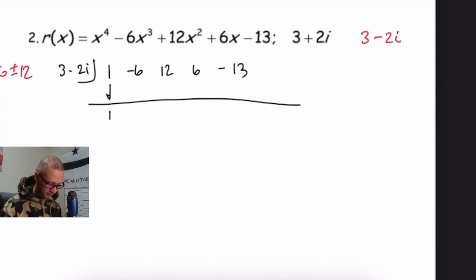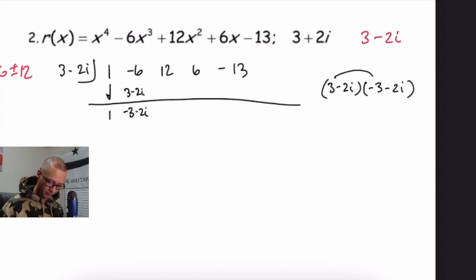Bring down the 1. 1 times that is going to be 3 minus 2i. Adding just the real part, or combining the real parts, negative 6 plus 3, negative 3 minus 2i. We're going to need some side work. We have 3 minus 2i, negative 3 minus 2i.